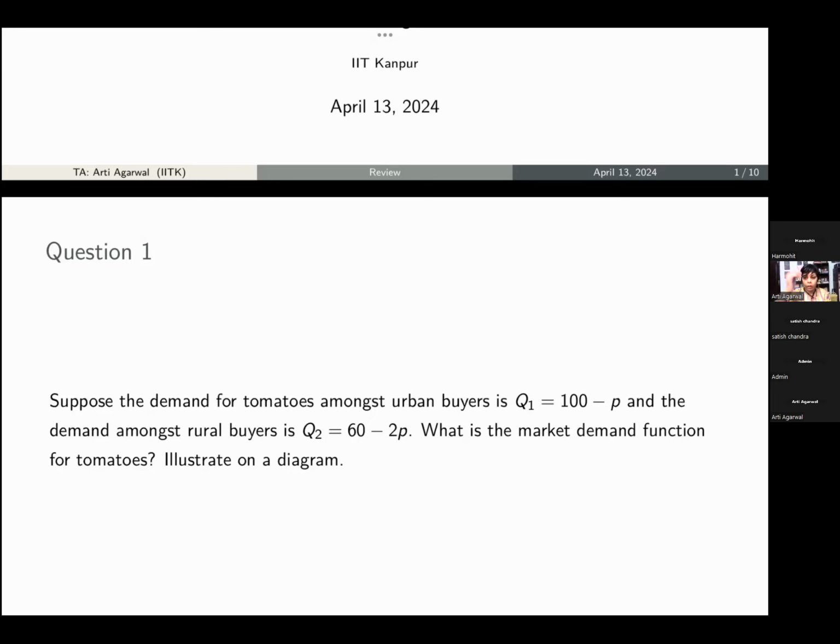I've tried to take one question which captures most of the concepts across the 2 weeks. So there is a lot to cover. I can't actually cover everything, but I've tried to cover most of the slightly important or tricky or difficult concepts in this. So this is the first question where you are given the demand for two types of buyers.